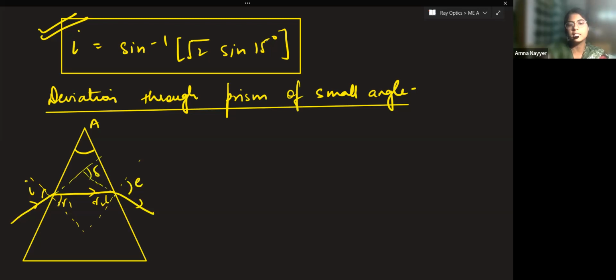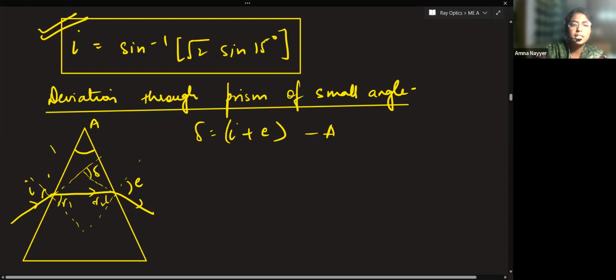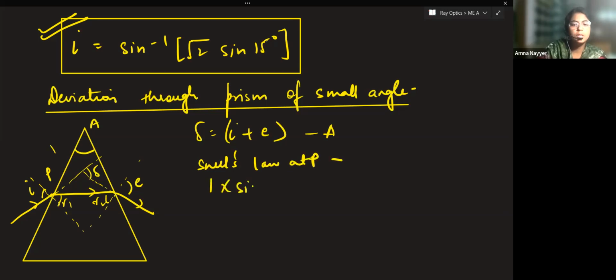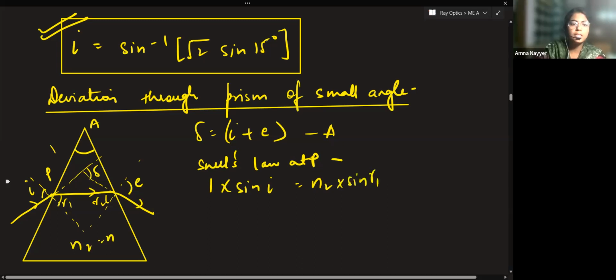This is delta. So delta is equal to I plus E minus A, we had seen. See, the refractive index of the outside is air, 1. So if you apply Snell's law at this point, let's say point P, that becomes 1 into sine I is equal to N2 into sine R1.